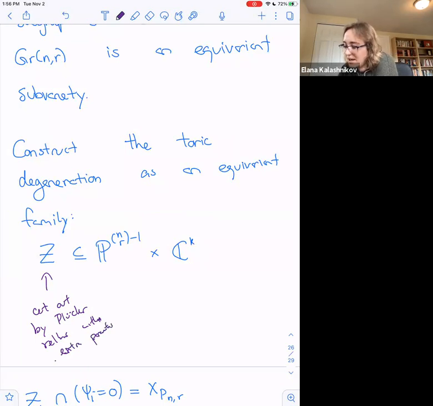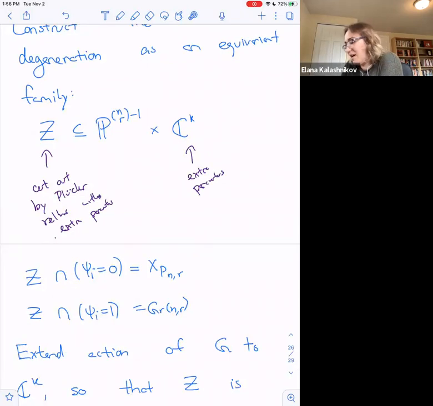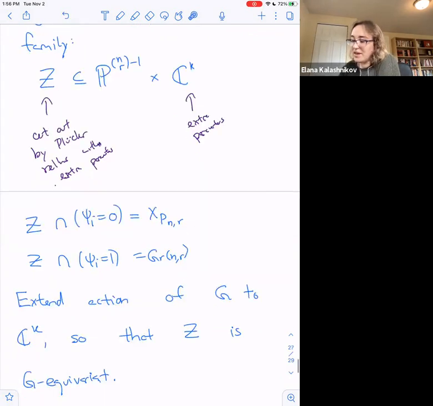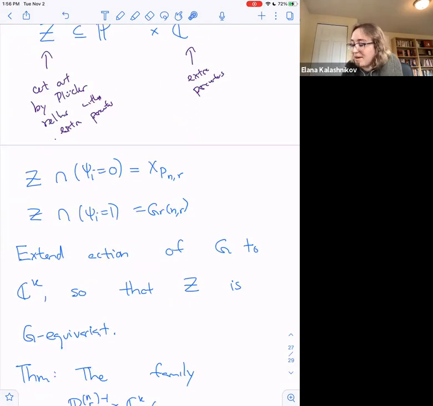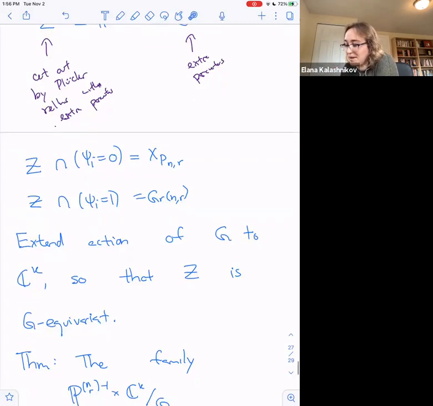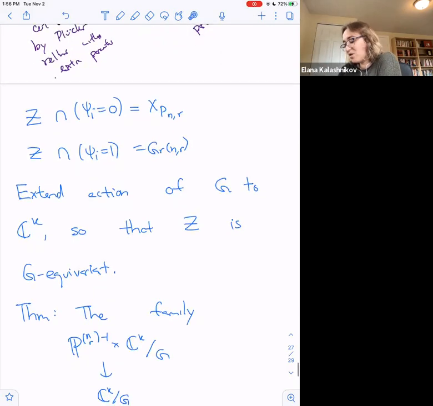And I'm going to let C^k define the extra parameters that I need, so that if I take Z and intersect it with the fiber where all the parameters are set equal to 0, I get X_PNR. And if I intersect it with them all equal to 1, I just get the Grassmannian. So that's just the family that we've been talking about. And now we can extend the action of G to C^k so that this Z is G-equivariant. So we just define the action of G to be whatever is necessary to do this. So now we have our toric degeneration being G-equivariant, so we can take the quotient.